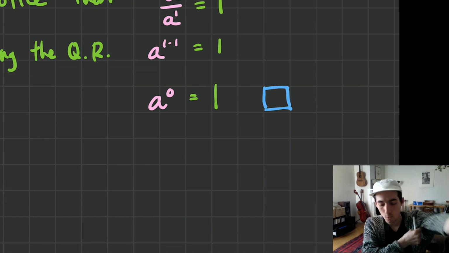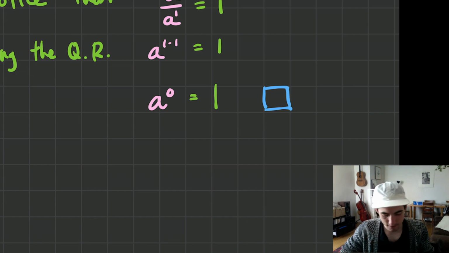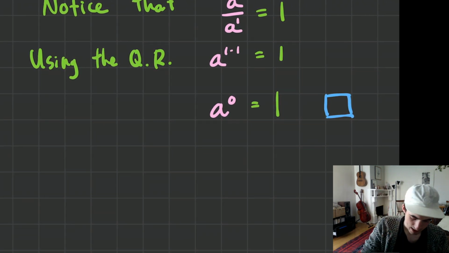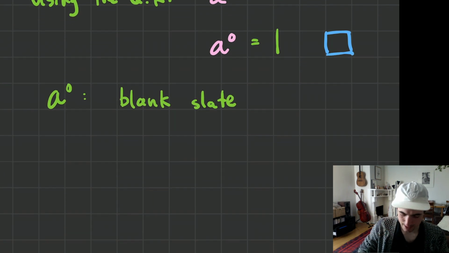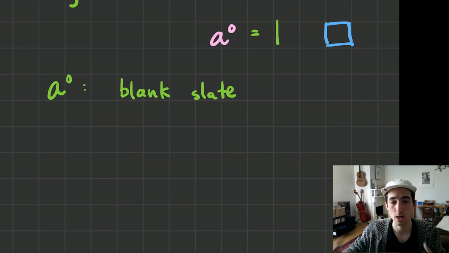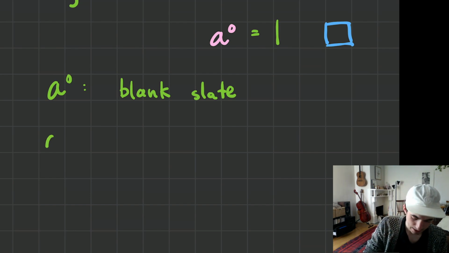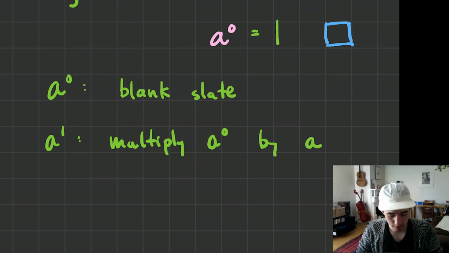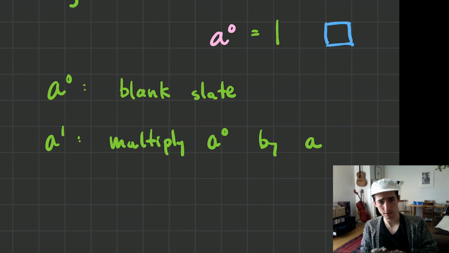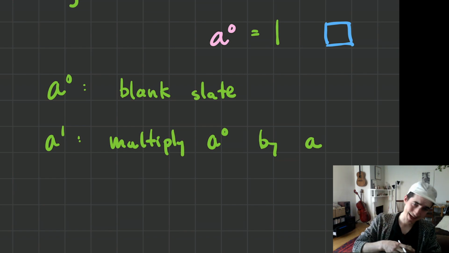Where was I? If you want a more intuitive understanding of this, you can think of a to the 0 as a blank slate. It's empty, like it's waiting for more exponents. a to the power of 1 is what you get when you multiply a to the power of 0 by a, right? Because it's repeated multiplication. So if a to the power of 0 was equal to 0 and we multiplied it by a, then we would always just be staying at 0, right?